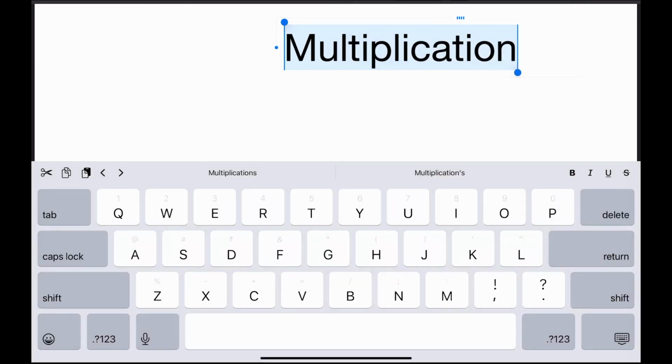Yeah, that should serve the purpose. Bring it over here and then underline it. So multiplication, the way we are going to solve this is by understanding the base method of multiplication.